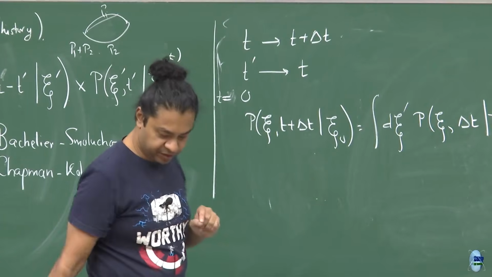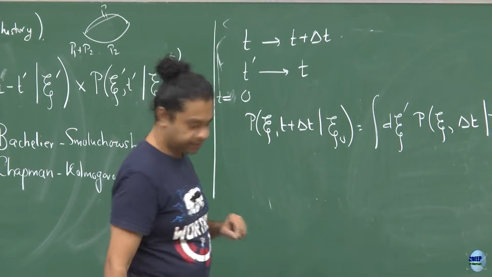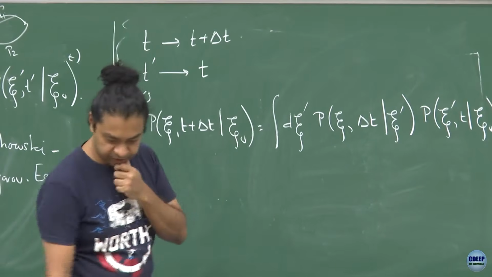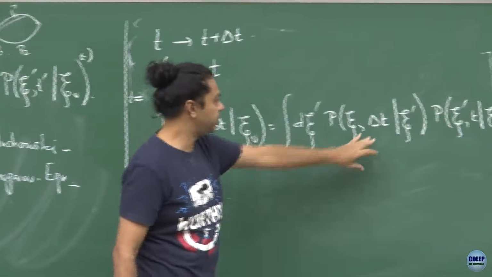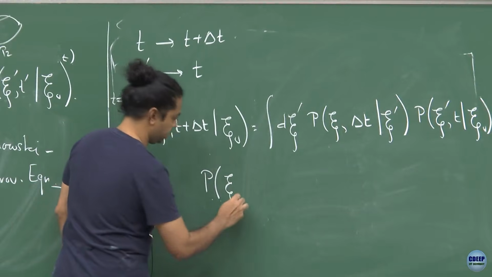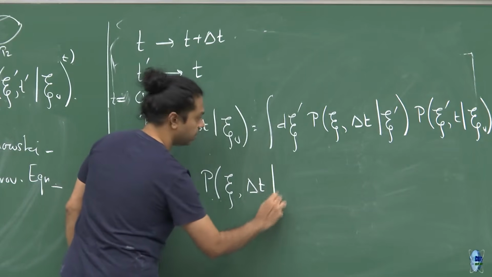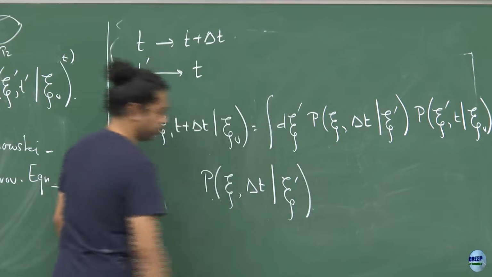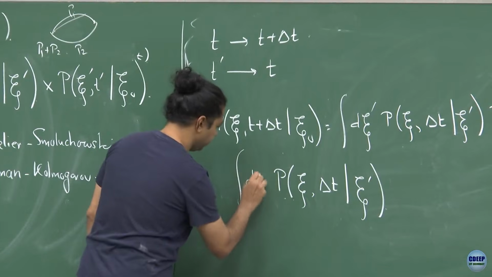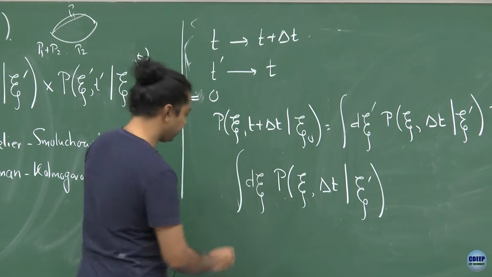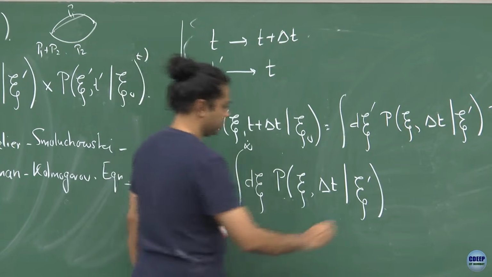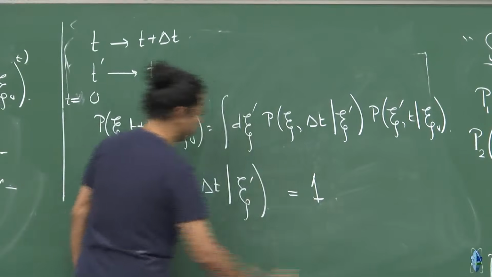note one thing, that these probabilities are necessarily normalized. So, these conditionals that I have over here, p of xi comma delta t given xi prime, if I do a d xi of this over all possibilities, this is necessarily equal to 1.